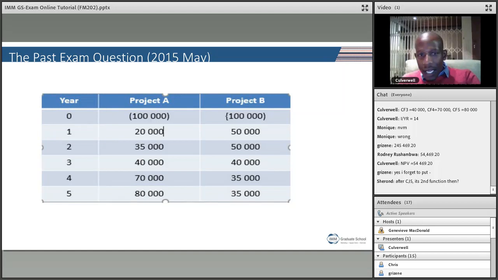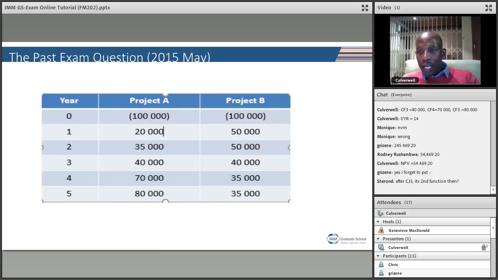So you say cash flow 5, it is 80,000. Thereafter, you put 14%, your I, which is your interest. Only then would you say second function, NPV. So you don't raise the cash flows to second function. You have your cash flows directly.